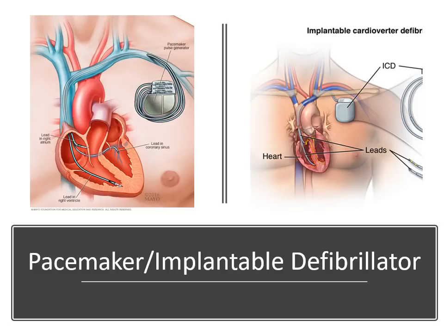A pacemaker is typically inserted for a patient whose natural pacemaker of the heart, the SA node, is no longer functioning properly. In these patients, we see symptoms of bradycardia or syncope, and so the decision is made to insert this device to help pace the heart.